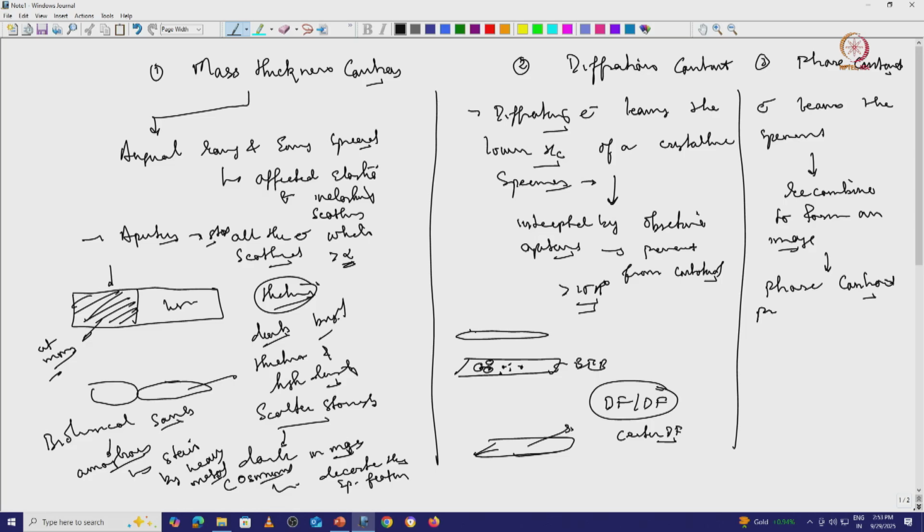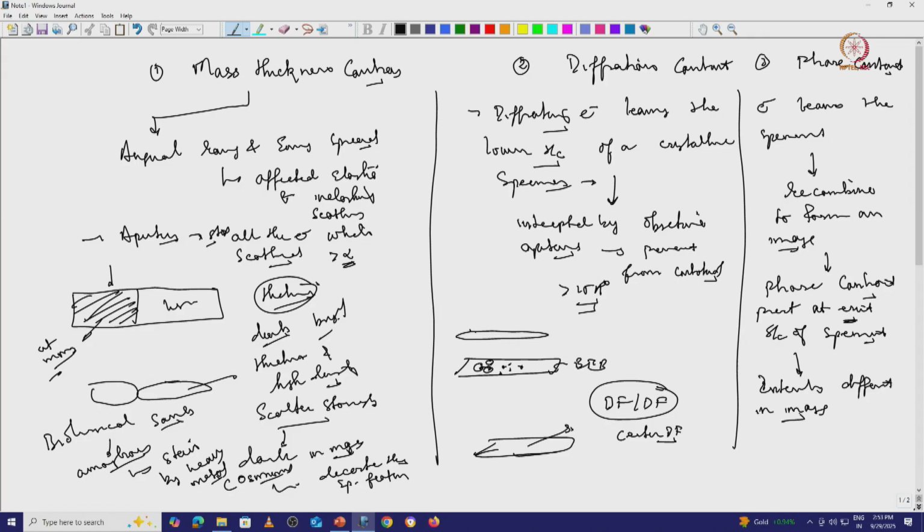present at the exit surface of the specimen. Okay. And this phase contrast, the difference in phase contrast is converted to intensity differences in the image.